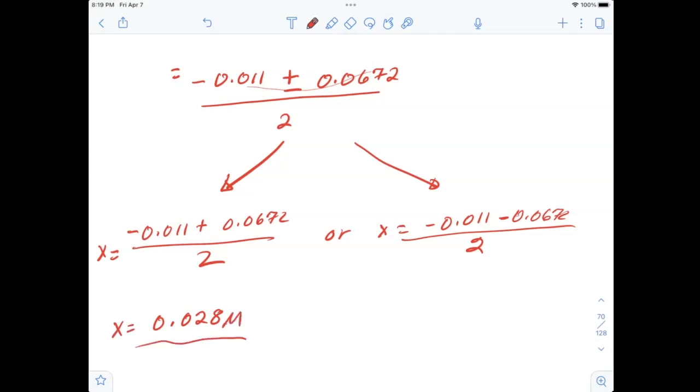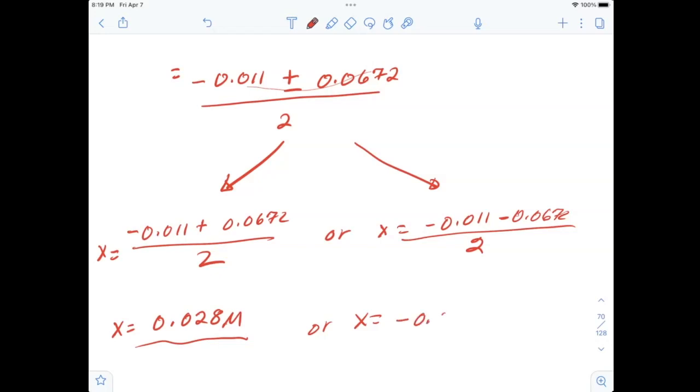Okay, so here's the thing, right? When you work on a bunch of these, you recognize a trend. If one of the x's is a positive number, the other one is most likely a negative number, and that one's probably the wrong one. But I'm going to work it out since I want to show you how it works out in the end. Negative 0.011 minus 0.0672, we get negative.